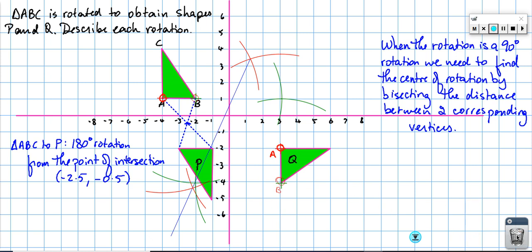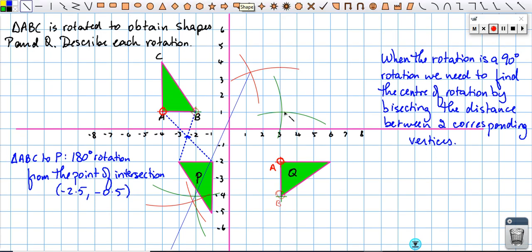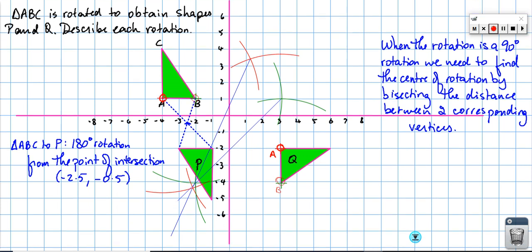Be careful. As you can see, where my pointer is, that is the center of the two bisectors. So I'm going to draw that bisector from there to there. And as you can see, this is the center of rotation.